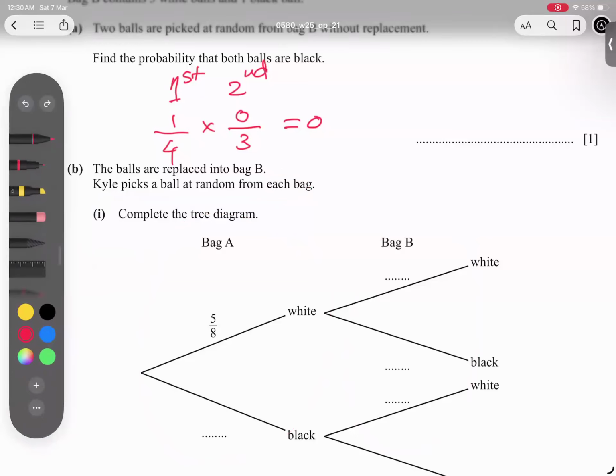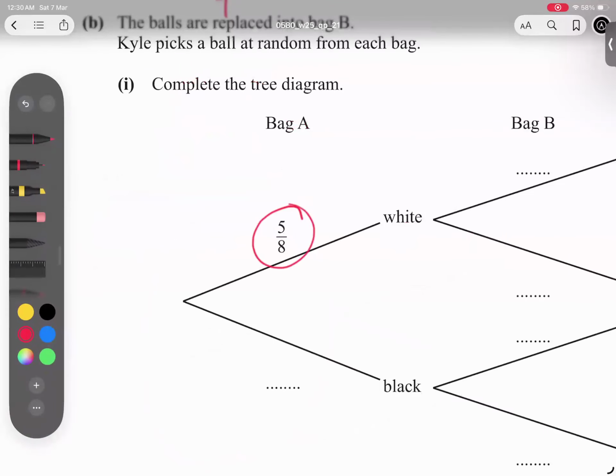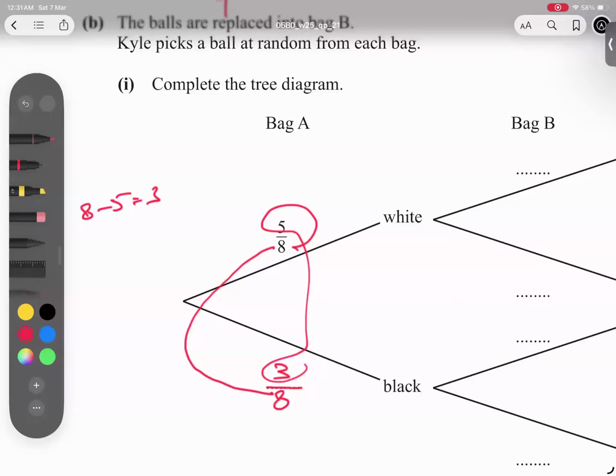Very interesting part: whenever one branch is given, we can find the second branch so easily. This number remains the same, and from 8, 5 is subtracted. So 8 minus 5, we get 3. So this is 3 by 8. Whenever one branch value is given, the second branch we have to find: the denominator must match, and from 8, subtract 5. I hope it is clear.